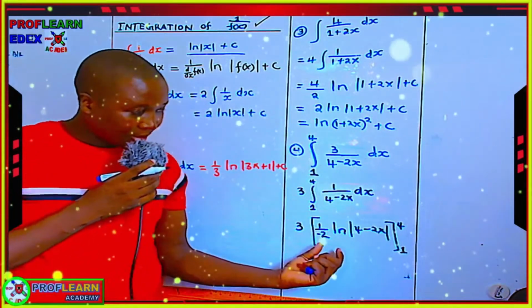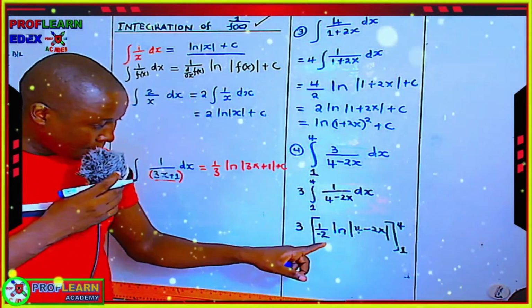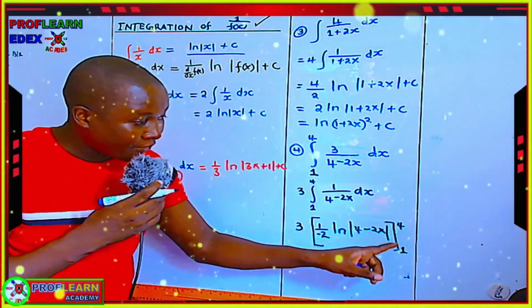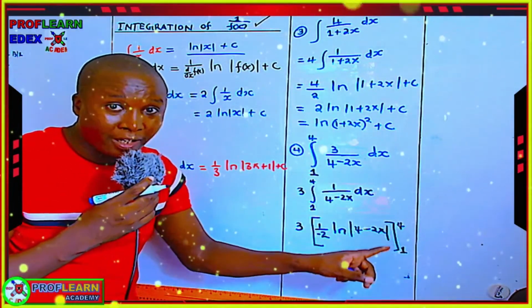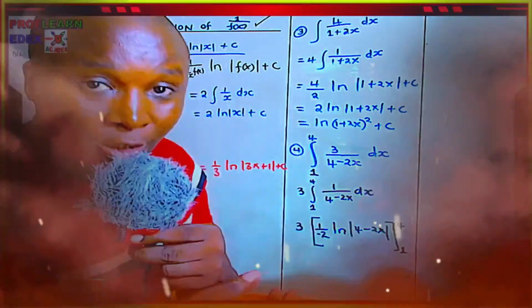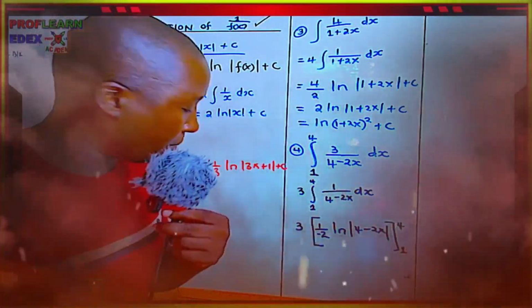Now, since this number here is a constant, and it's not going to be affected by these limits that we're having at this point, what we're going to do is to take that constant out so that our expression can be simplified.